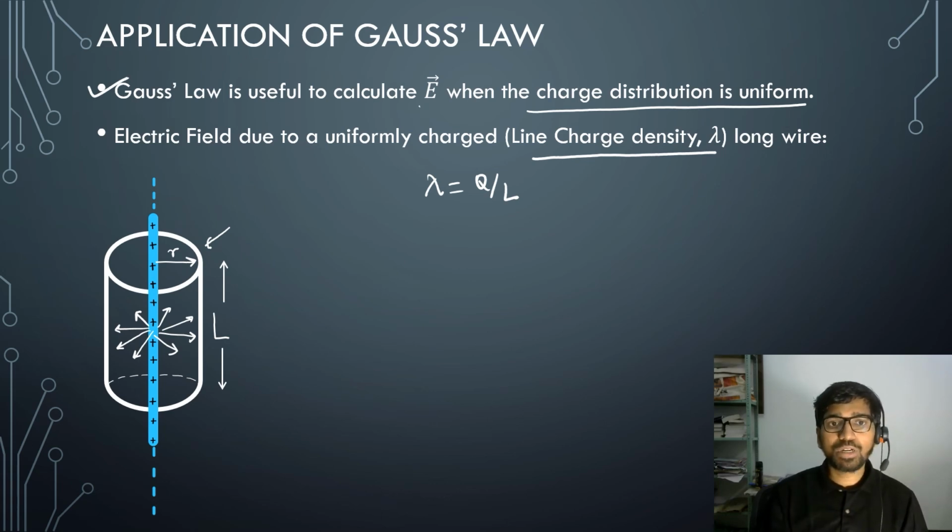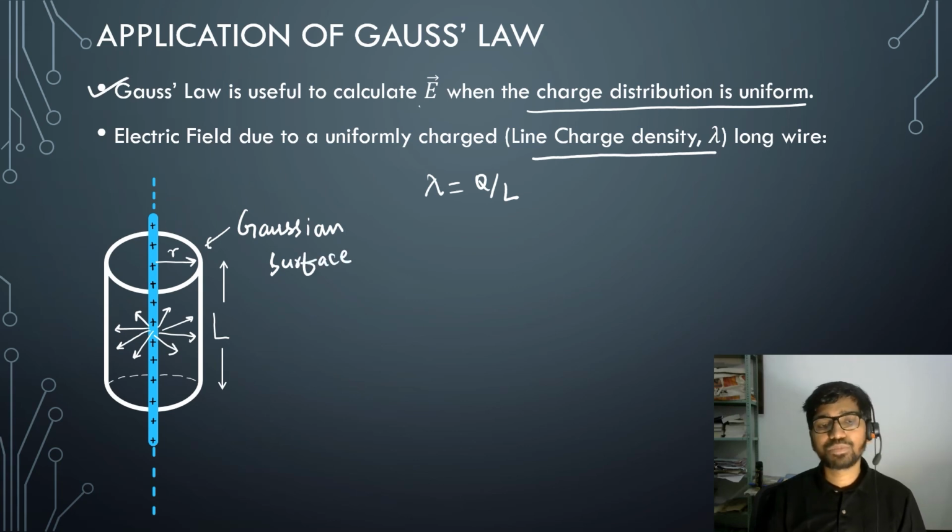Therefore, I will take this to be the Gaussian surface and I will calculate the electric flux leaving this Gaussian surface. As you can see, electric field lines are radially outward, therefore there will be no electric flux crossing the flat surfaces. Therefore, total flux will be equal to E times curved surface area of the cylinder.